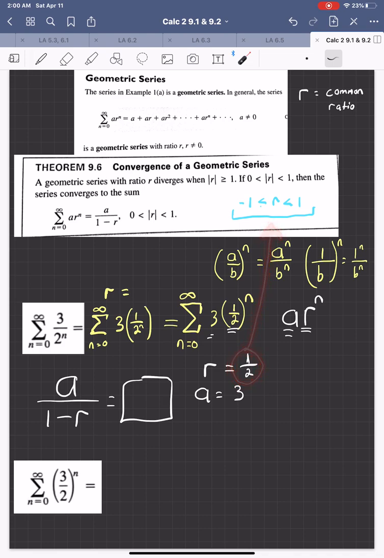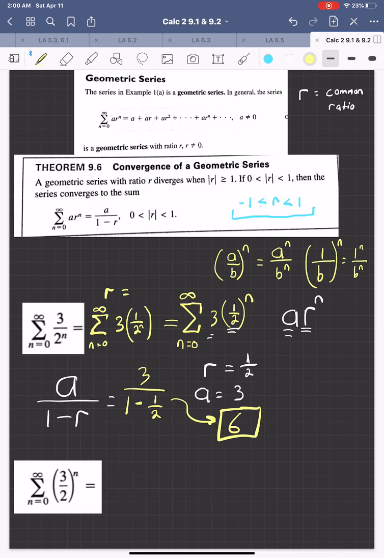So it's only at that time that you get to plug in for a, plug in for r. Let me go ahead and write it. So this is going to be 3 over 1 minus 1/2, or 6.